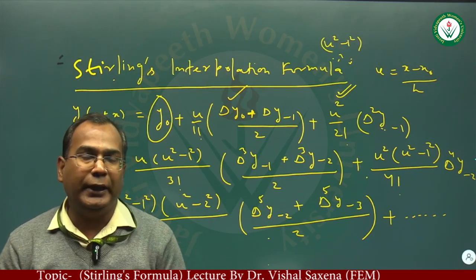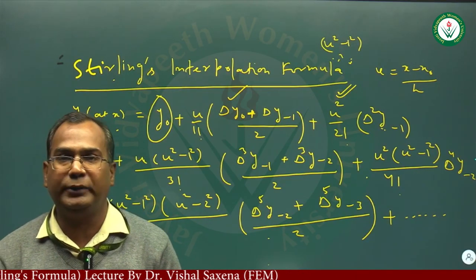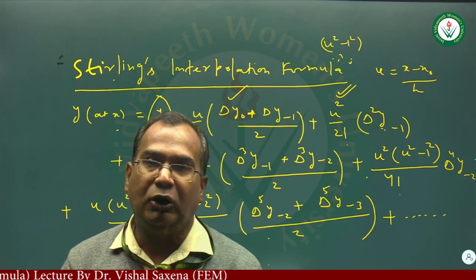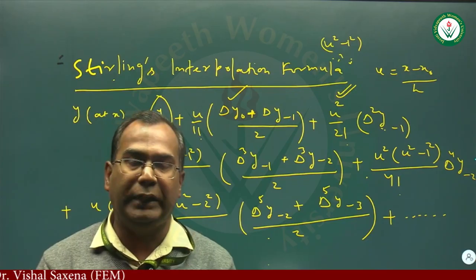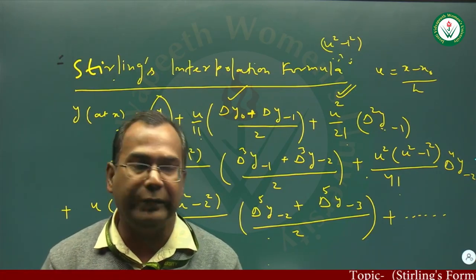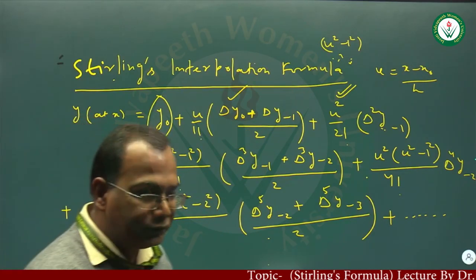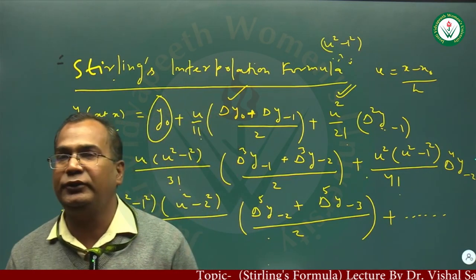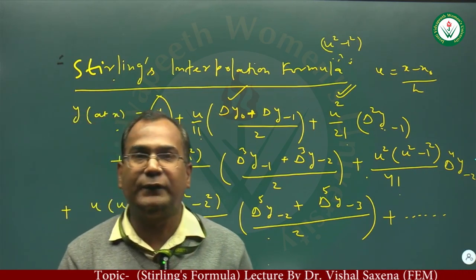And if we take the forward interpolation formula, then x naught should be taken either as the first value or in the neighborhood of the value of x around which we have to interpolate y. So u is equal to x minus x naught upon h. What is h there? h means the width of the class interval for which x is taken.